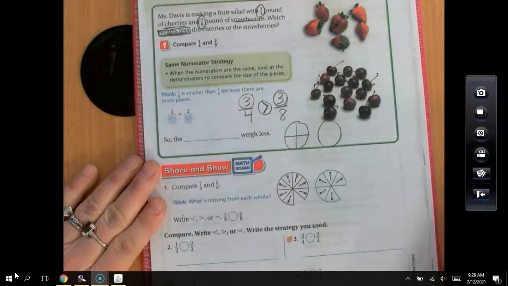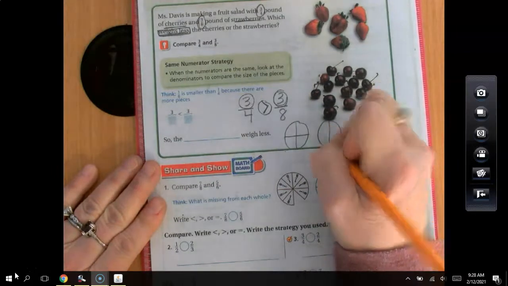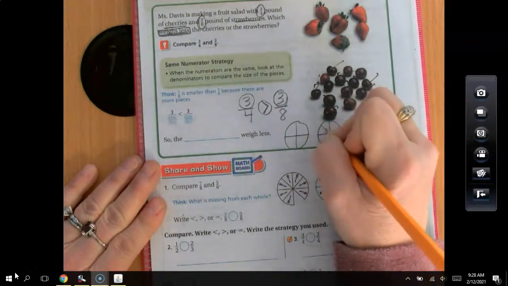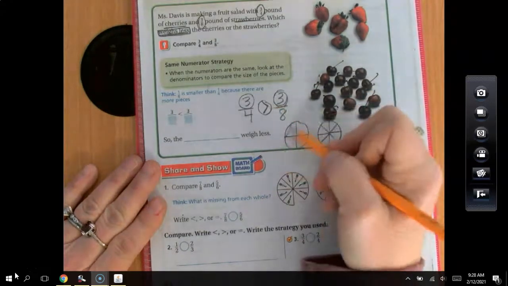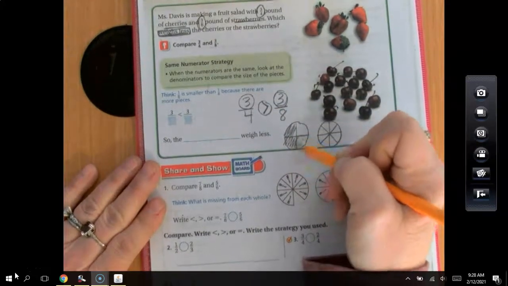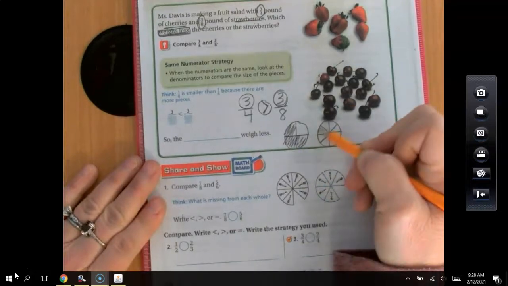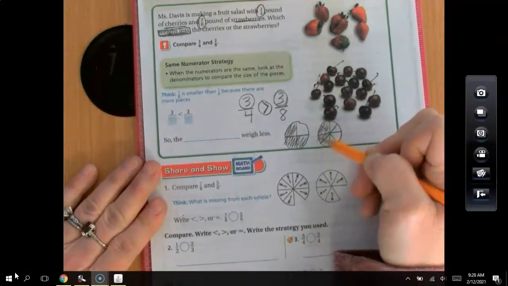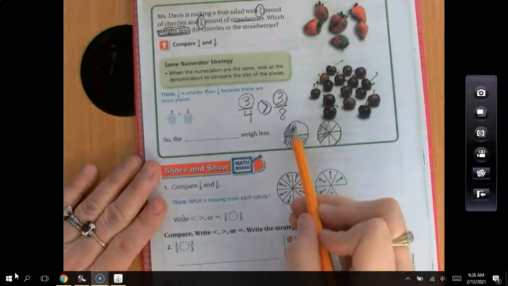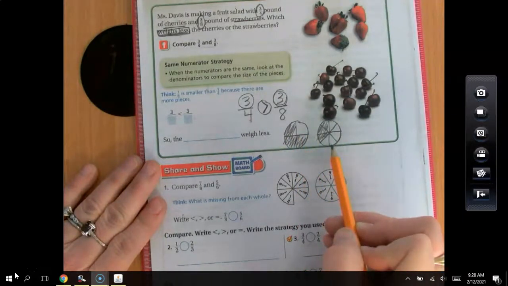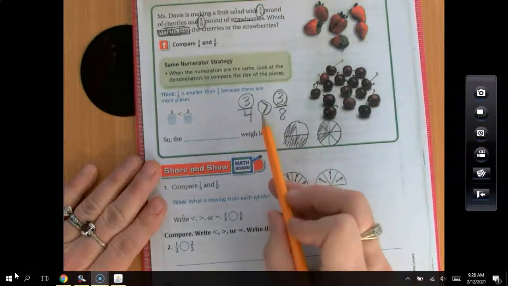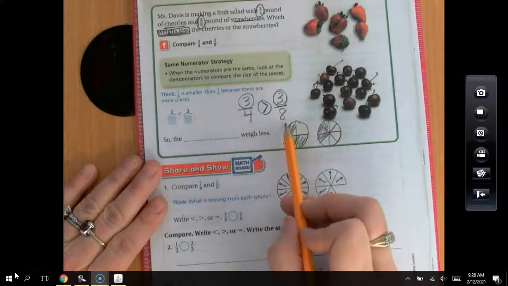Make a plus sign. And I need to cut this one into 8 pieces. So I do a plus sign and then an X. Okay? Shade in 3. And this one, shade in 3. And you can see that more has been eaten out of the 3/4 than the 3/8. So 3/4 is bigger than 3/8, okay?